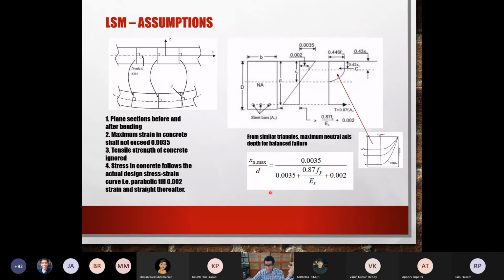So to find that XU max, you have this formula. XU max divided by the effective depth D is given by this formula. You should be able to remember these numbers because you know the meaning of all of them.